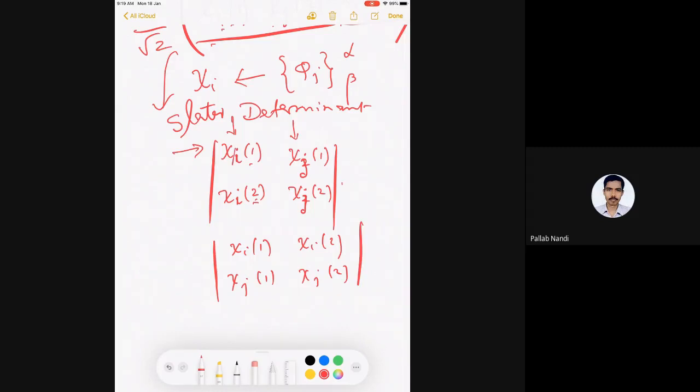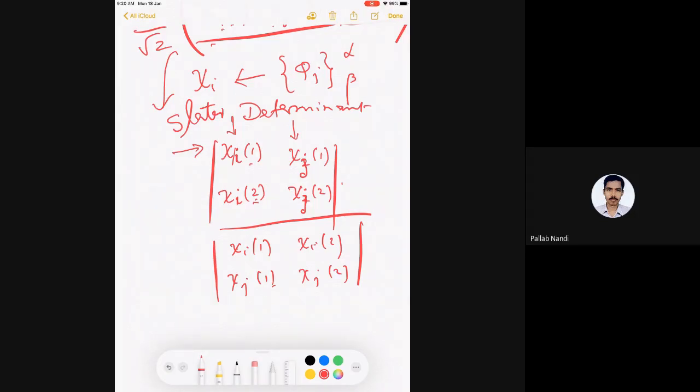Instead of columns, I have made the spin orbital in the row and the coordinates in the column. Okay, is there any question? Please ask me. If you expand these two determinants, you can see the result is identical. It still has chi I1, chi j2 minus chi j1, chi I2. So exactly the same, right? So you have a choice.